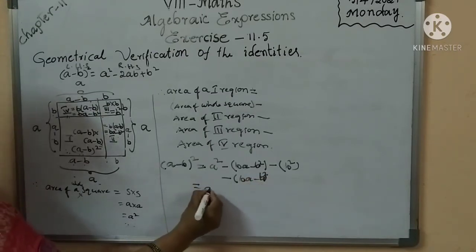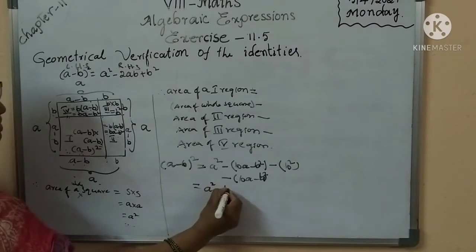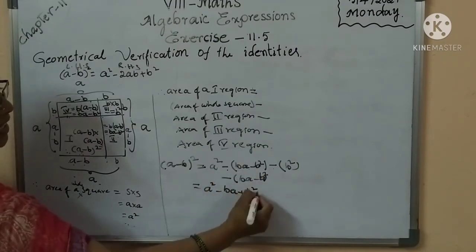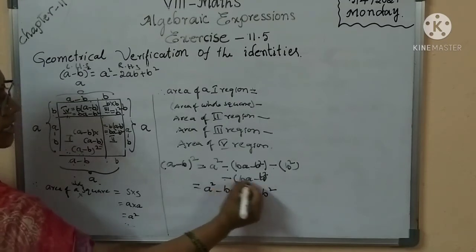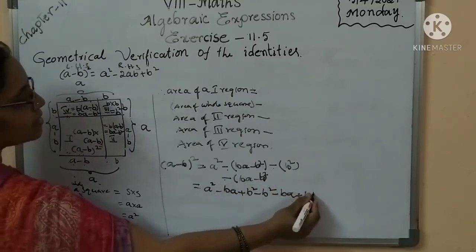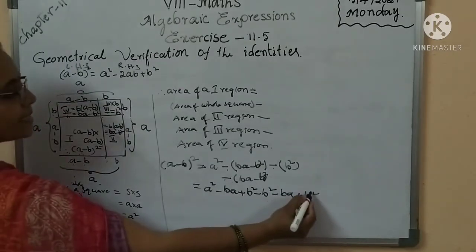Okay, so here a square minus ba, minus into minus plus b square, minus b square, minus ba, minus into minus plus b square, plus b square.